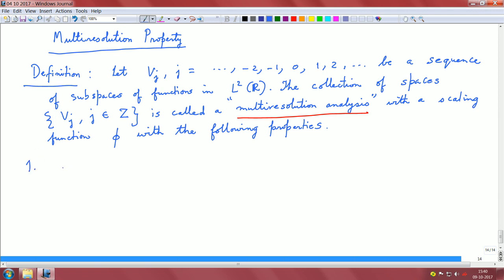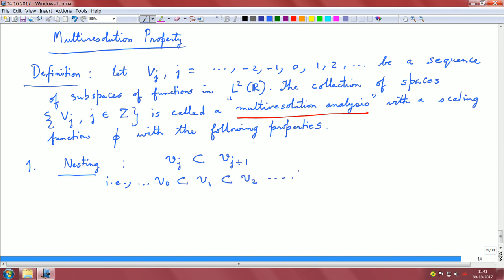The first property is the nesting property. What it means is the space Vj is contained in Vj plus 1, that is V0 is contained in V1, is contained in V2, and so on.